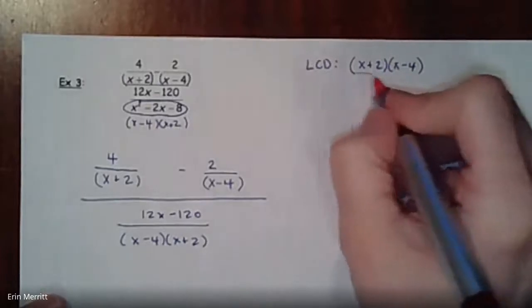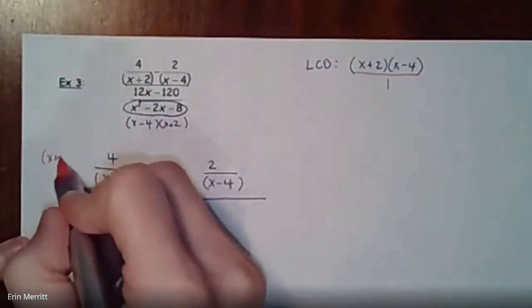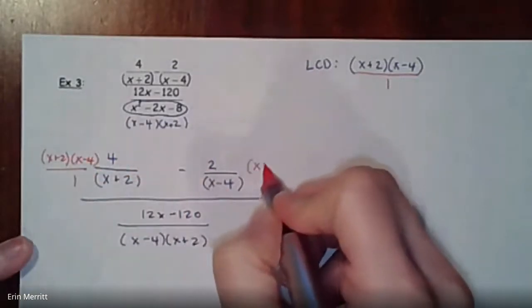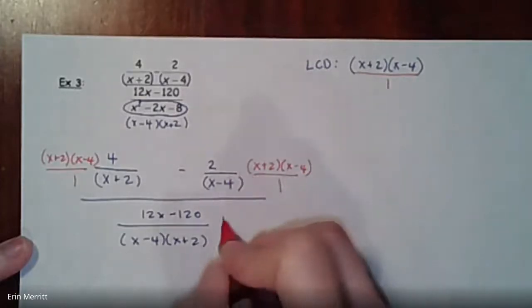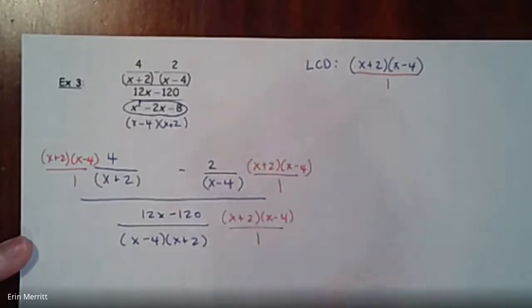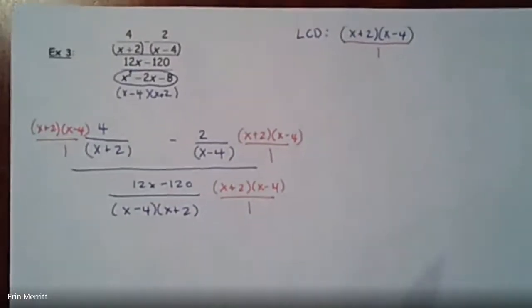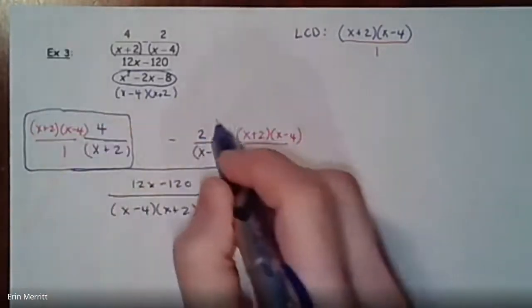All right, so the LCD over 1 means we're going to multiply this guy by x plus 2 times x minus 4 over 1, x plus 2 times x minus 4 over 1, and then lastly, x plus 2 times x minus 4 over 1. All right, you have 3 little mini problems within this. The goal is to get rid of those denominators.